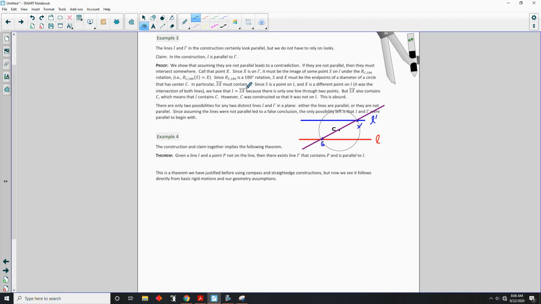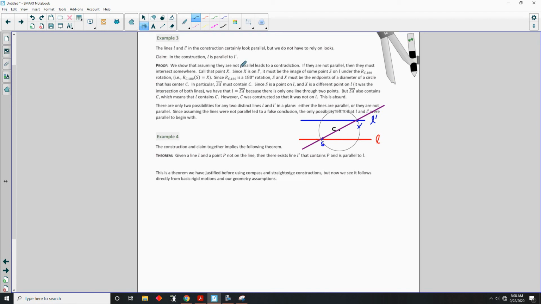We have that L equals SX. So the only way for that to happen would be the same line sitting on top of each other. Okay, they coincide. But SX also contains C, which means that L contains C. So if SX contains C, L would have to contain C. Okay, and C was constructed so that it was not on L, so we just contradicted ourselves.